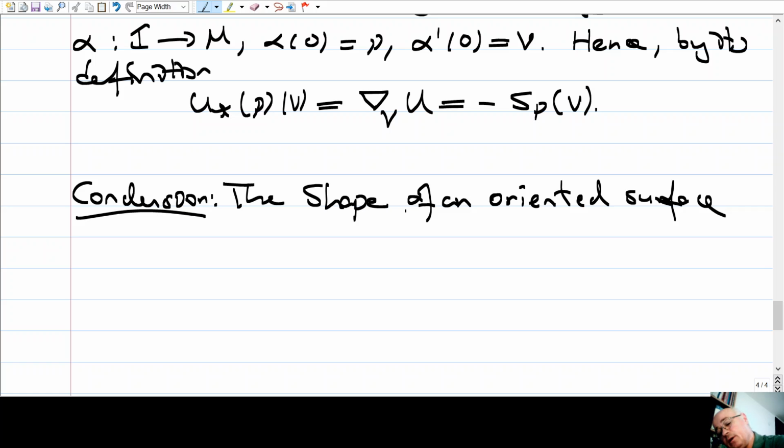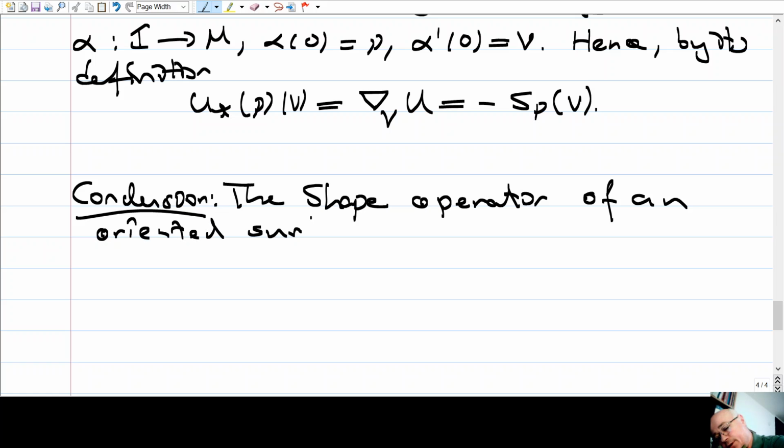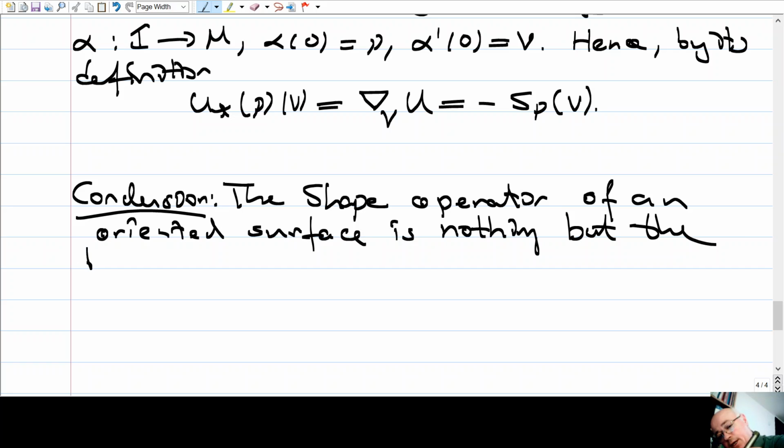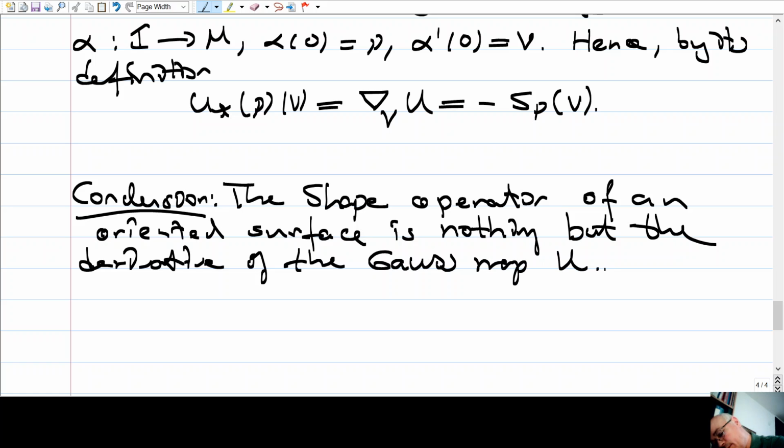So this is the surface where u is chosen. Derivative of the Gauss map. All right.